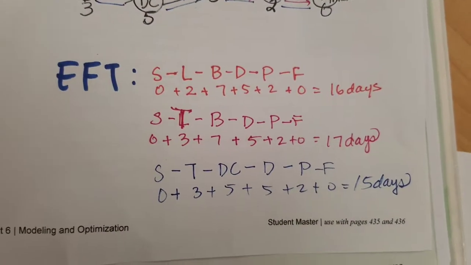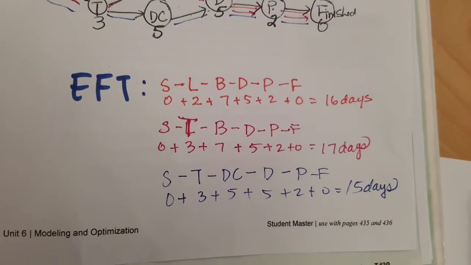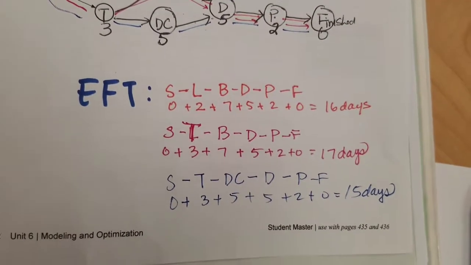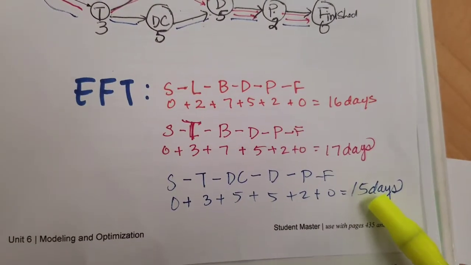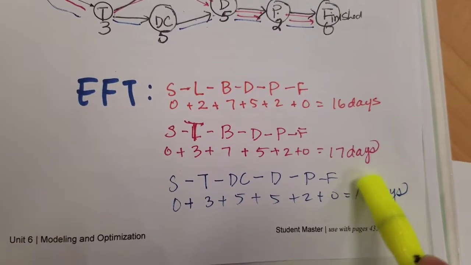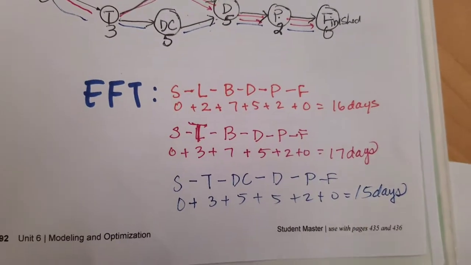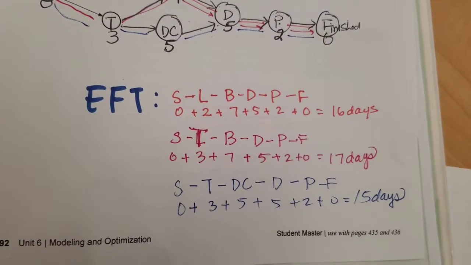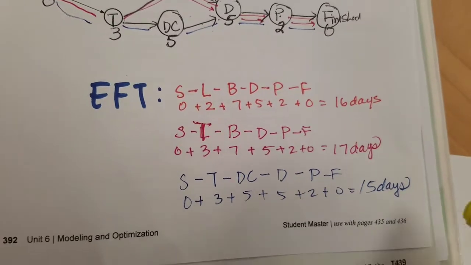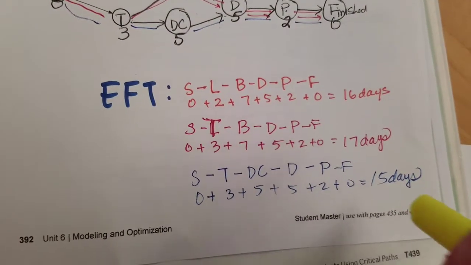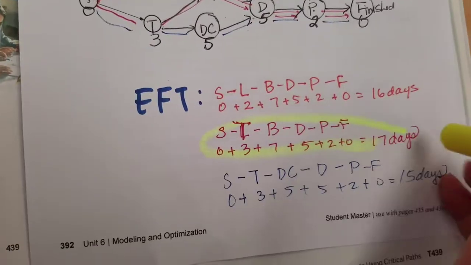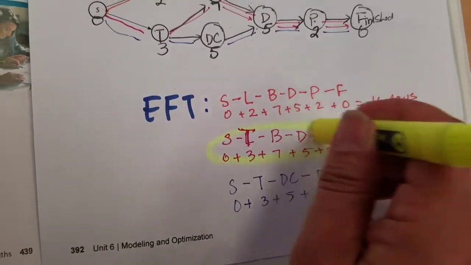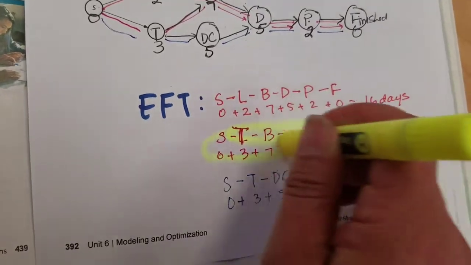The interesting thing is the earliest finish time is not 16, and not 15 like most students would assume, because that's the shortest. And again, the word early is deceiving because students will go for that 15, but the correct answer is 17 days. Because you have to finish all the tasks before you can get done.